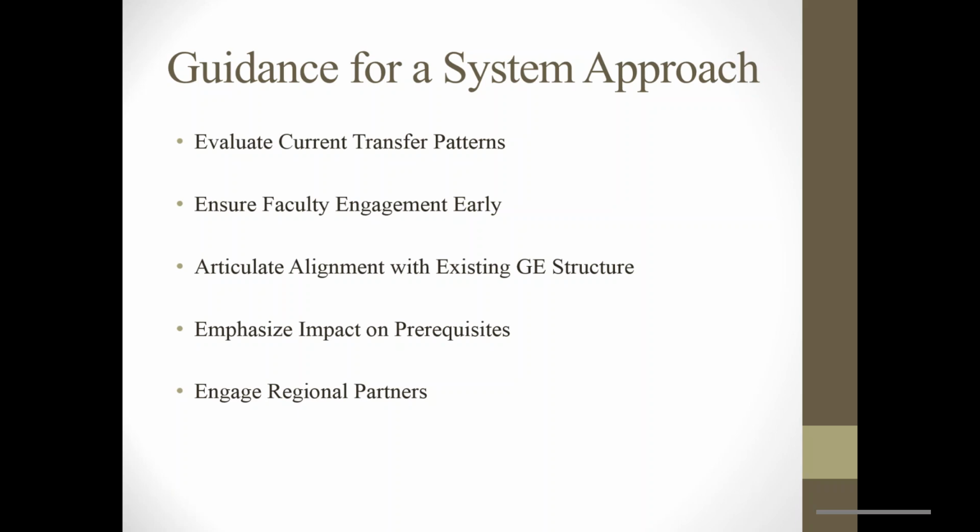One important thing that I think had the potential of unraveling our participation in the passport was this notion about prerequisites. And sometimes you have to dig down into the documentation from WICHE to see where kind of these implications come into play. Our mathematicians were extremely concerned about accepting the passport block for quantitative literacy if that meant that a student would then come in and have other prerequisite courses that they would have to complete where mathematics was an established prerequisite.